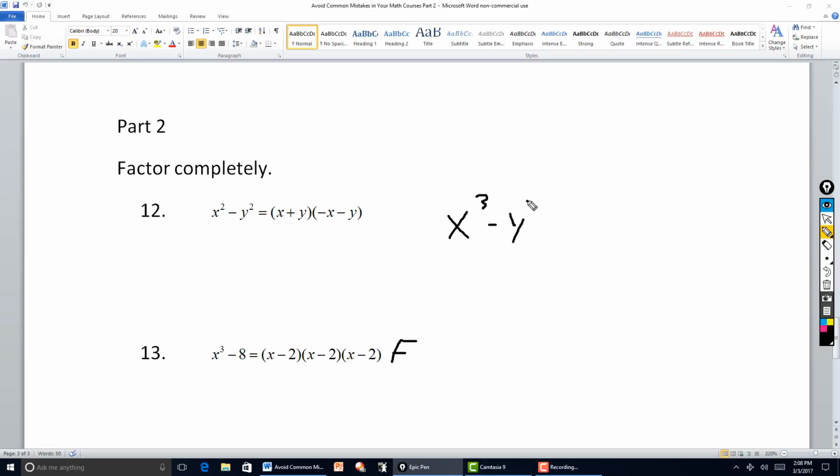So in this case we have x cubed minus y cubed is equal to. So it tells you that the first factor is the difference of the square roots. Or I should say the difference of the cube roots.